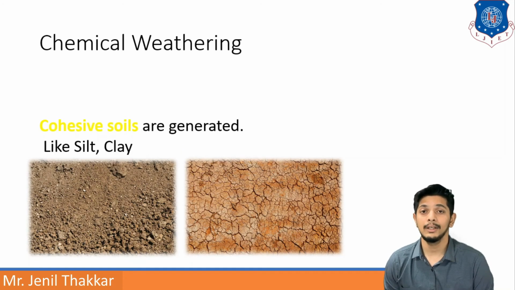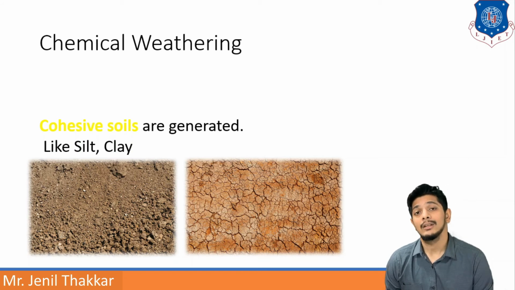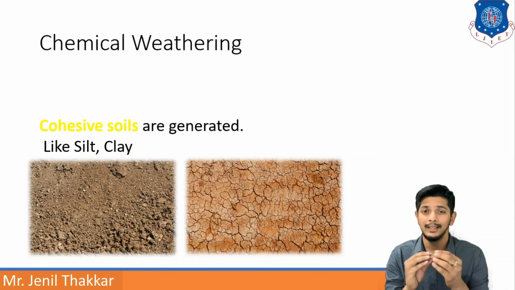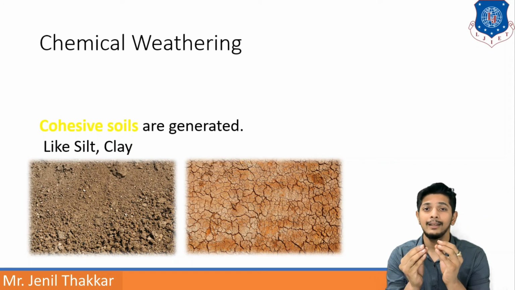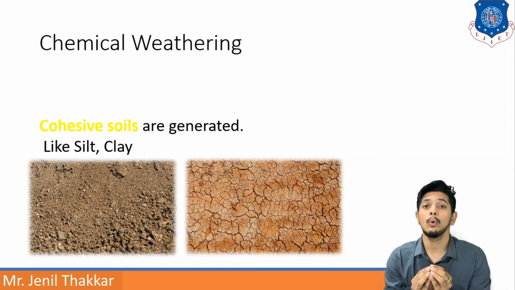Now, due to chemical weathering, cohesive soils are generated. Now you must be having a question, what are cohesive soils? Cohesive soils are nothing but the soils in which in their soil particles there is a bonding or there is a cohesion force. Cohesion and adhesion are two different things. Cohesion, that means if they are of same item and they are getting attracted, that is cohesion.